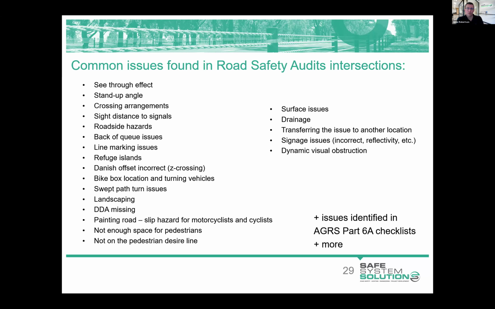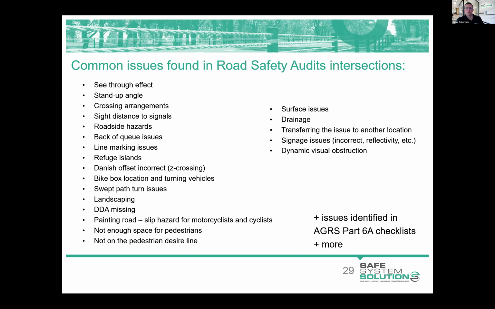At intersections, we're thinking about conflicts between vehicles and vehicles, conflicts between vehicles and vulnerable road users, if there are pedestrian crossing points, cyclists present, and so on. So it's about intersection forms, providing enough space and appropriate facilities for different vulnerable users, thinking about swept paths, and so on.